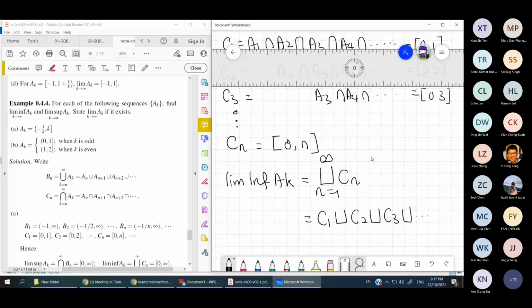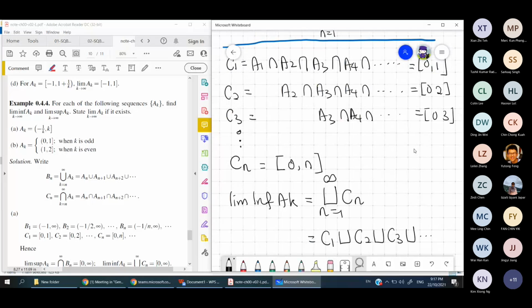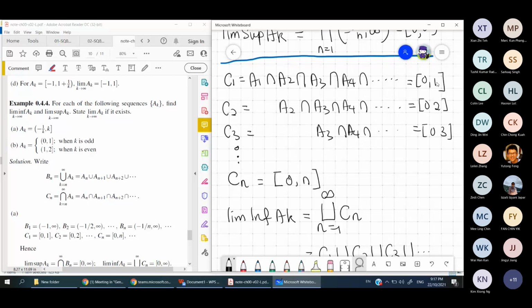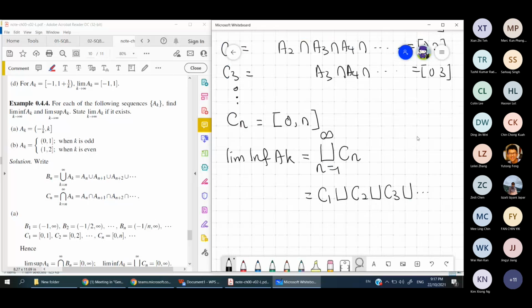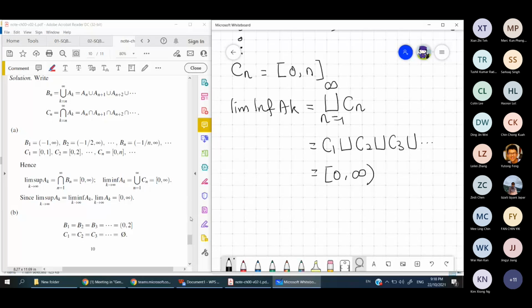So you can see this is 0, 1, 2, and so on, right? So if you're adding, this will become 0 to infinity. So you can see this is the answer. The limit supremum is the closed interval 0 to infinity. The limit infimum is the closed interval 0 to infinity. So they are the same. So in this case, the limit exists. So the limit of AK will be this.